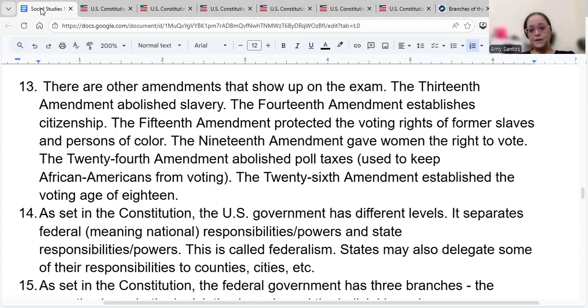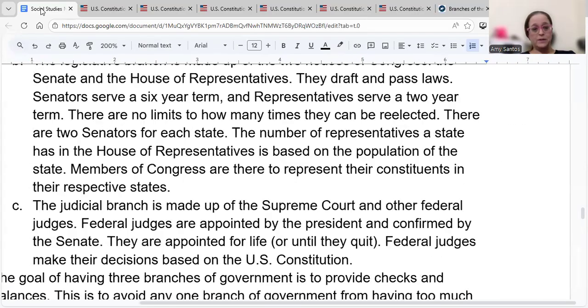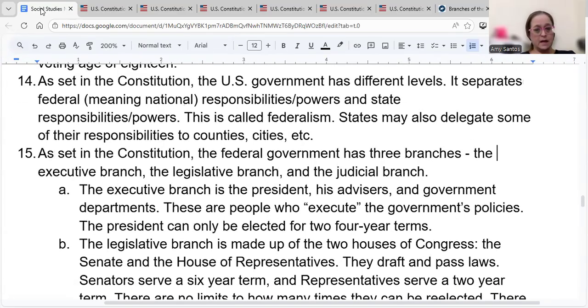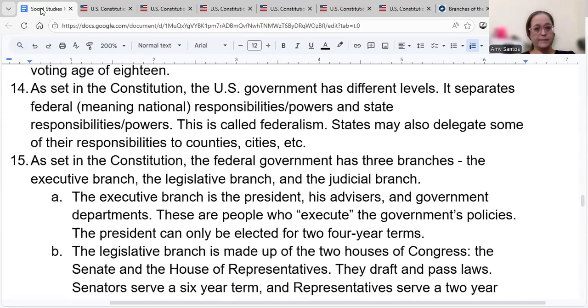As said in the Constitution, the U.S. government has different levels. It separates federal, which means national responsibilities, from state responsibilities. And that's called federalism.